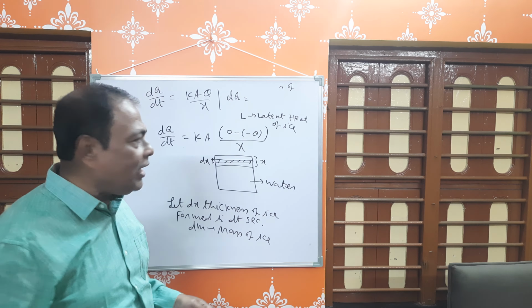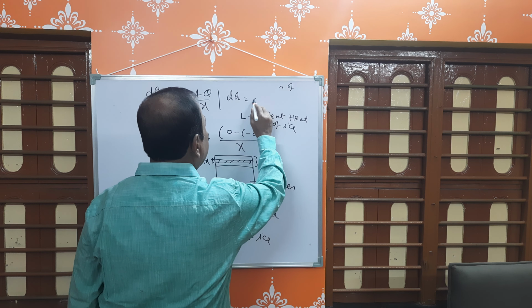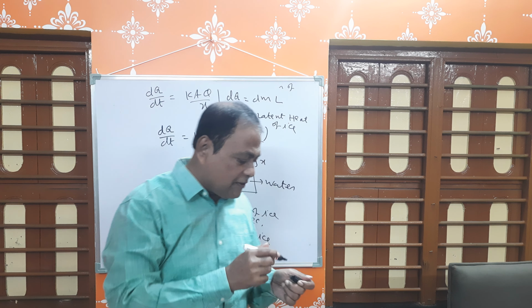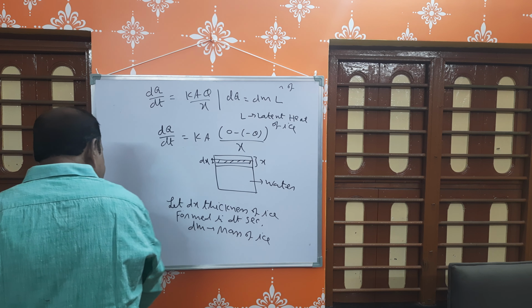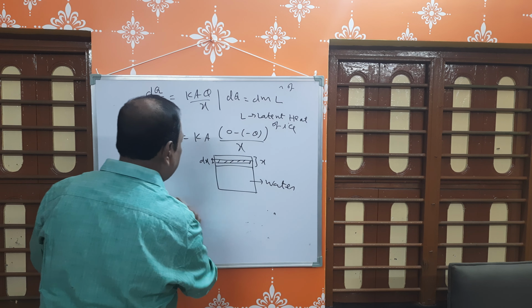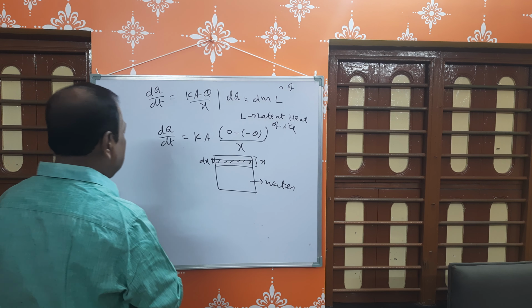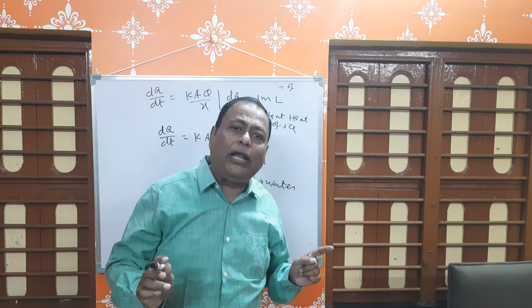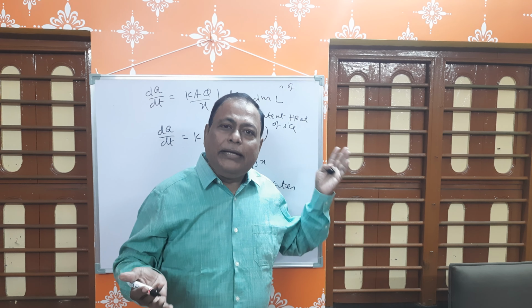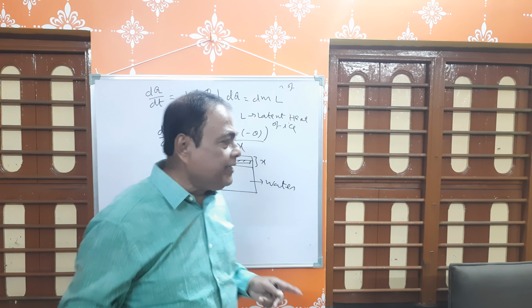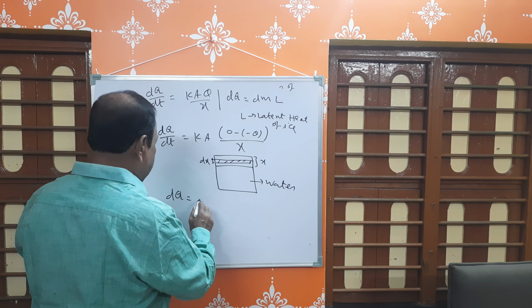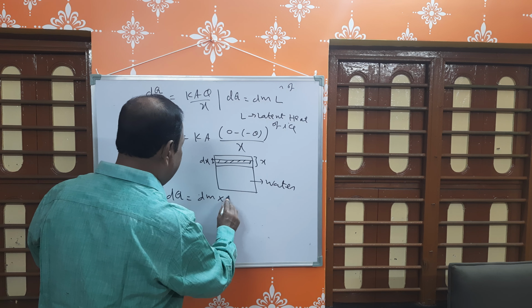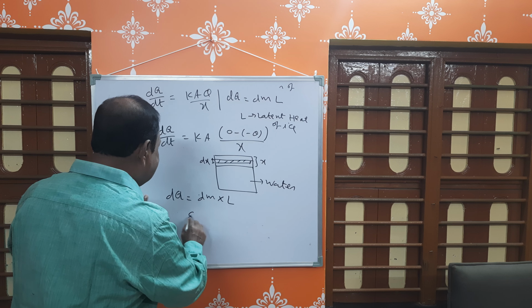So dq is equal to dm into L, where dm is the mass of ice formed. That is the heat needed or heat released by the water. Now dm is equal to what?